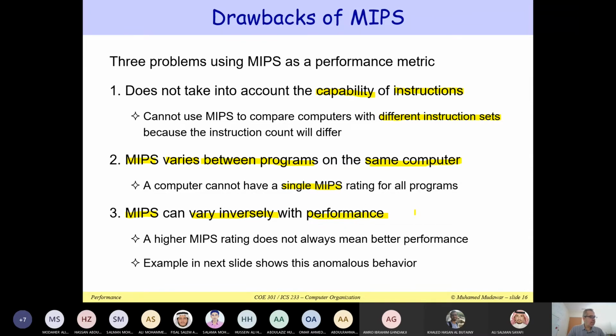That's it. So a true measure of performance is the CPU execution time. But sometimes you might get a higher MIPS rating, but the execution time is worse. Therefore, the MIPS rating is not telling you anything. It is actually just sometimes misleading you. So this is why it can be problematic in the case of the MIPS rating.